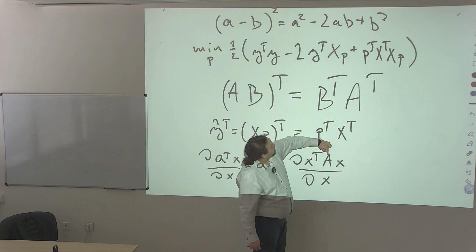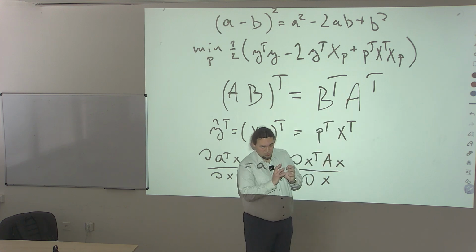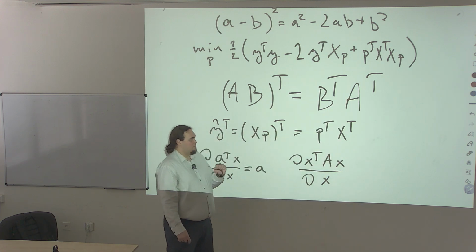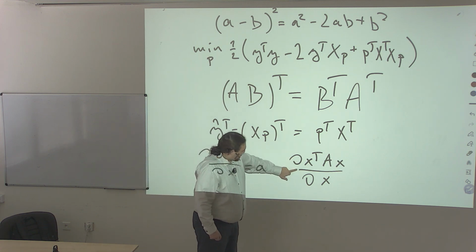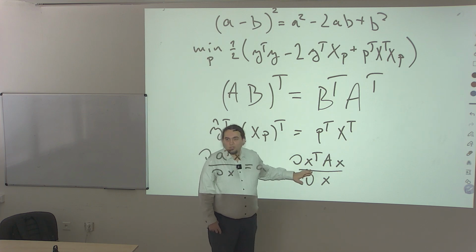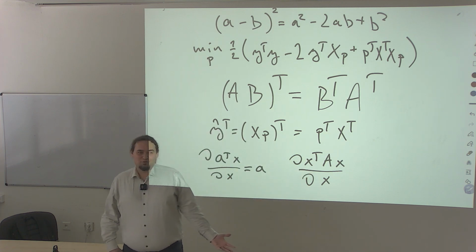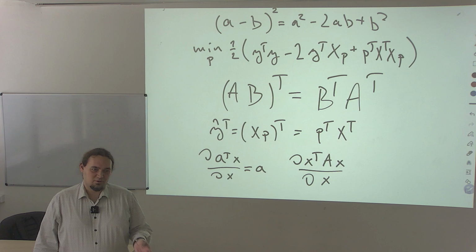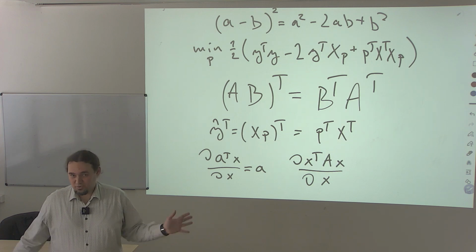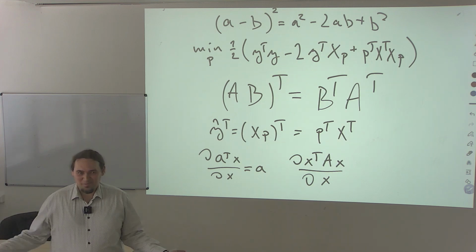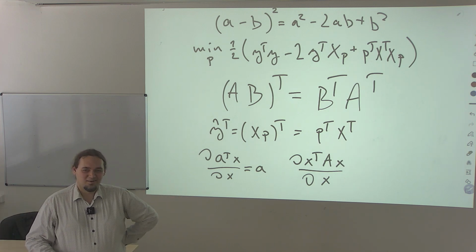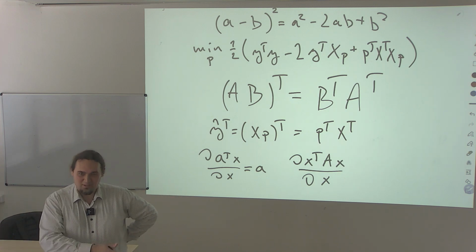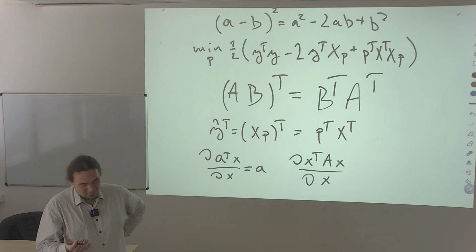The x transpose times x will be another matrix, a very important matrix that we will talk about today. What is this the scalar equivalent of? It's the scalar equivalent of constant times x squared. What is the derivative of x squared with respect to x in the scalar world? 2 times constant times x.